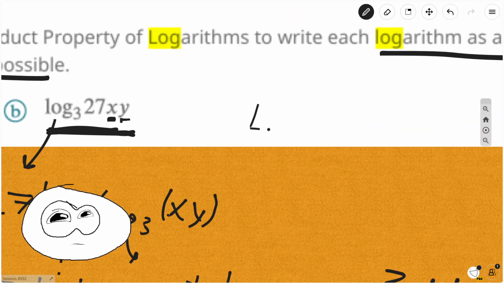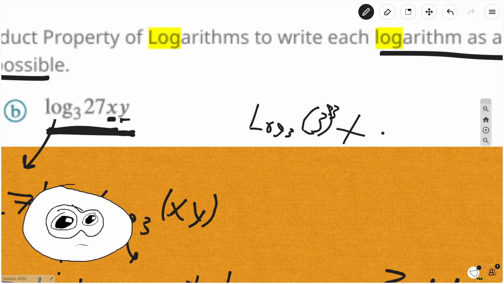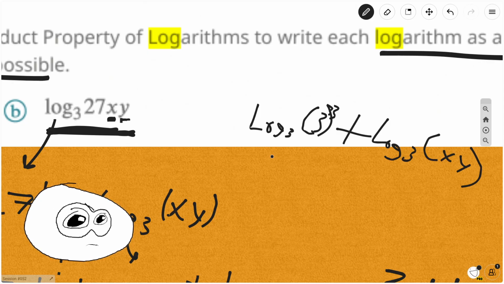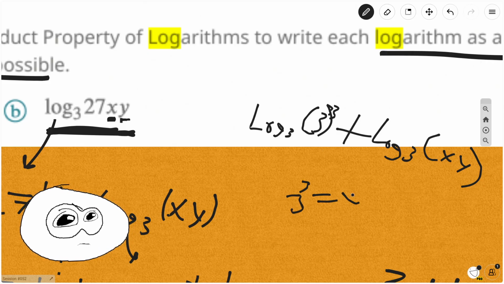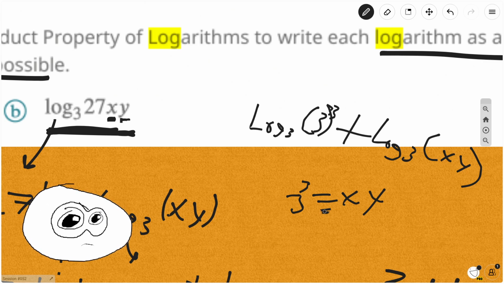To explain what I was thinking: what if we have log 3 of 3, plus log 3 of xy. Could we have gotten rid of the log 3's to just have something like 3 equals xy? However, that doesn't work because there is no equal sign for us to work with.